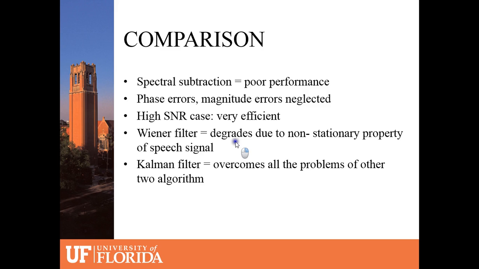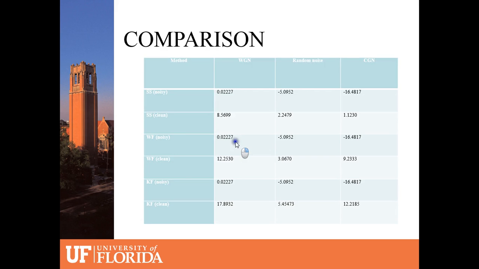The problem with Wiener filter is that it degrades due to the non-stationary property of the speech signal, and compared to the other two models, Kalman filter provides us the best optimum result, and it overcomes all the problems stated in the other two algorithms. This is a comparative study done in one of those research papers that I borrowed the results from.